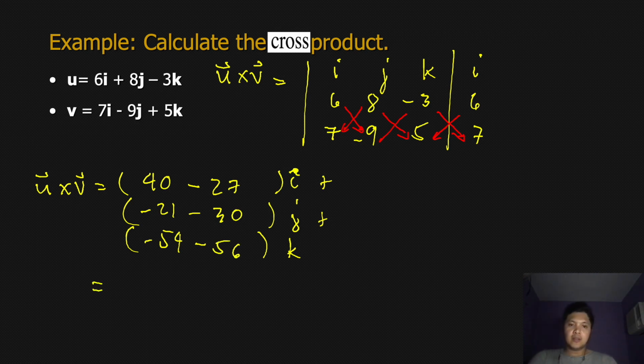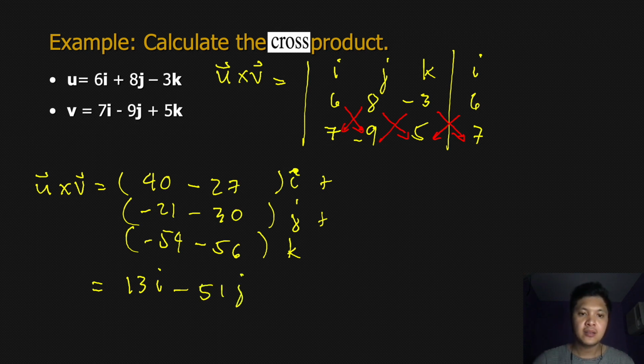So that is now 40 minus 27, which is 13 i, plus, okay, negative 21 and 30 is negative 51, so this should be minus 51 j plus negative 54 and negative 56 is negative 110.